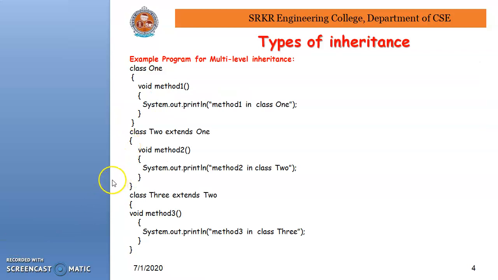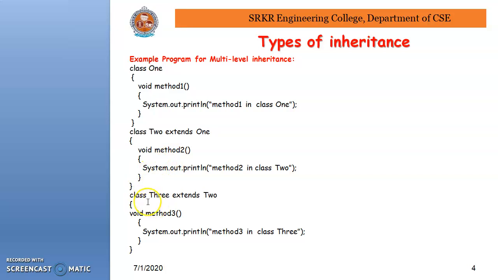Here we have three classes: one is 1, the second one is 2, the third one is 3. Coming to 1, this is called a super class. In this we have one method called method 1. Class 2 is the second class. This will extend the first class, the super class called 1. This again has another method called method 2.